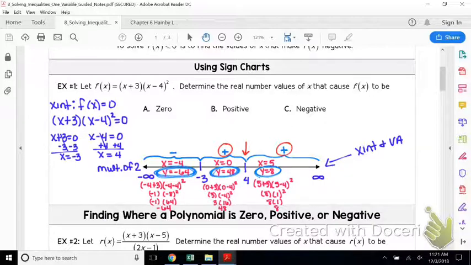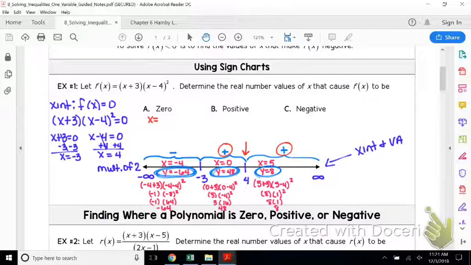All right, so now to answer the question, it says determine the real number values of x that cause f of x to be, and the first one is 0. Well, that's where our function was equal to 0, and where was that? What's another word for 0?